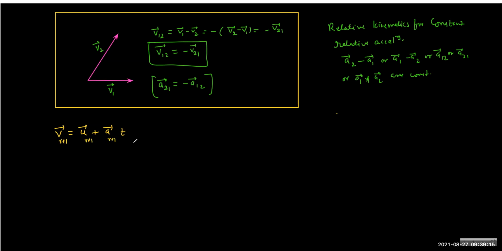That's it, it's easy. Or if you want, you can change it to v21, u21, a21. If you start with 21, continue 21 throughout. If you start with 12, make sure you continue the same. You should not mix 12 with 21.